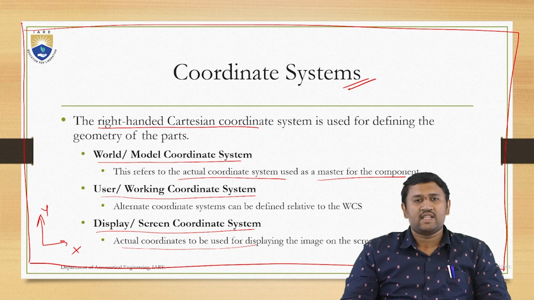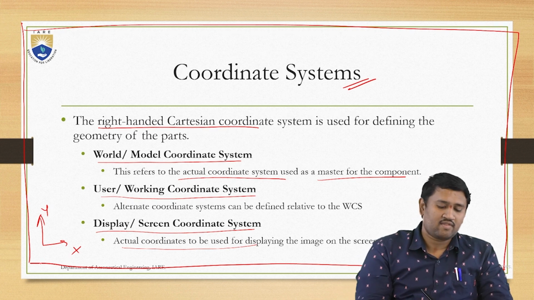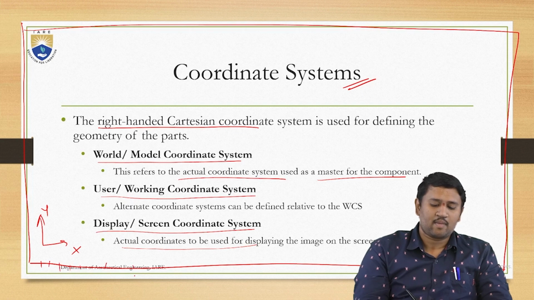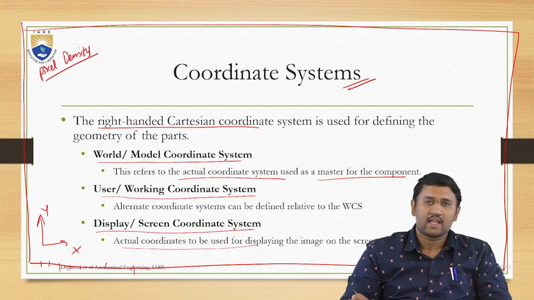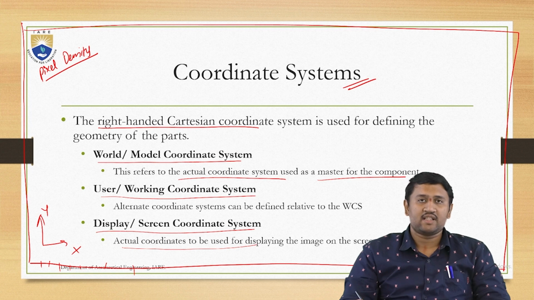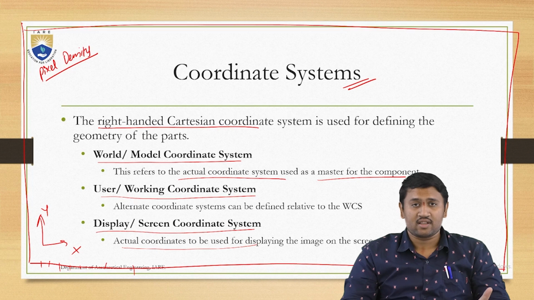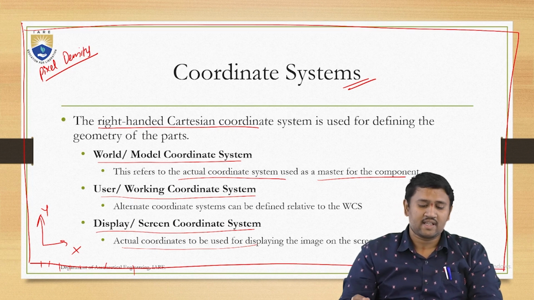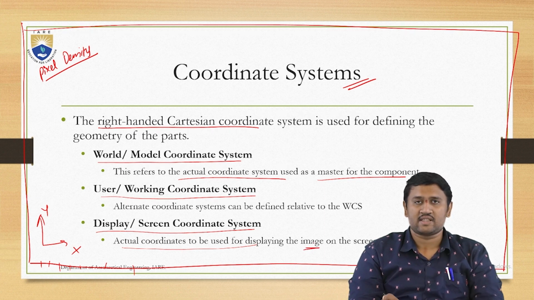Now, in this same x and y, coming to your raster scan, we'll be dividing it in terms of number of pixels, which gives you the pixel density of the screen. Based on the pixel density of the screen, a picture is generated onto the screen that you are seeing now. These are the coordinates which are actually used for creation of images on the screen.